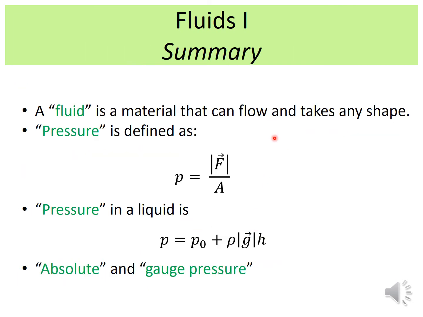Okay, so what we have seen in this lecture is what a fluid is, and this is a material which can flow and take any shape. It's both gases and liquids.